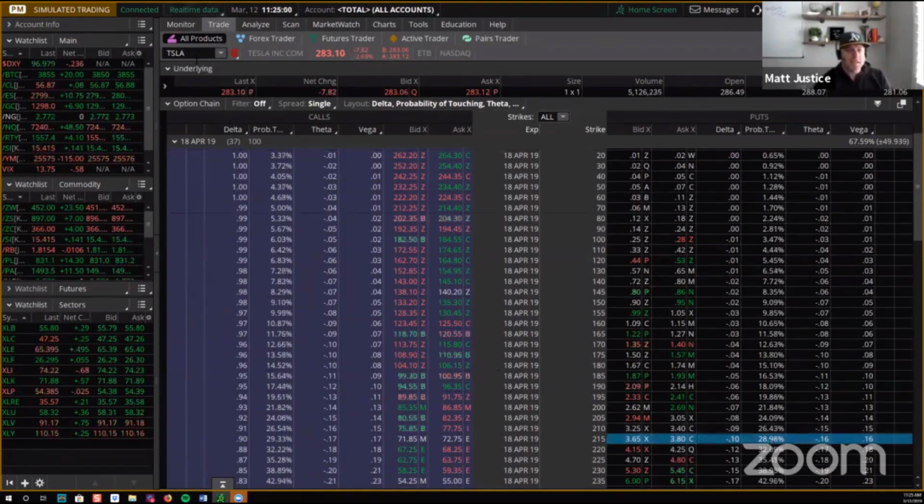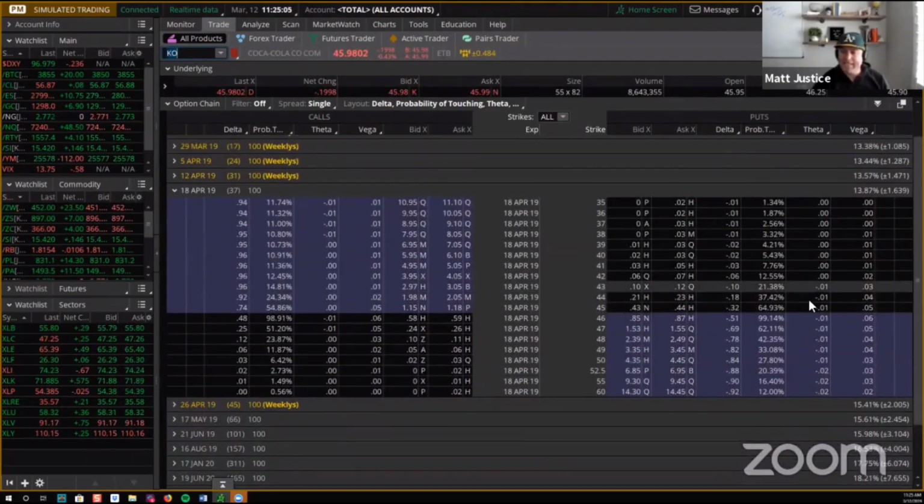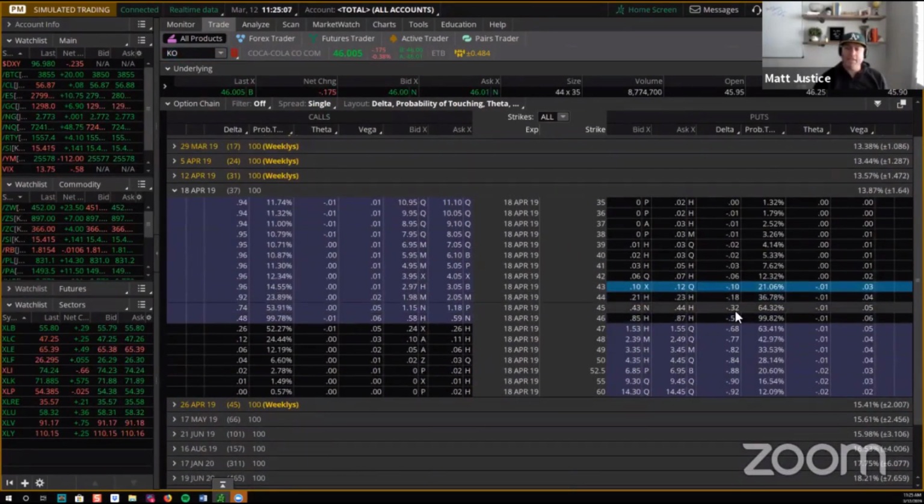You take another stock like Coca-Cola, which is not as volatile, and you look at that exact same scenario where we're selling a 10 delta here. So we're selling a 10 delta on Coca-Cola. Once again, that exact same probability of 90% successfully cash flowing if I sell that naked put at 43 versus the stock price at 46.